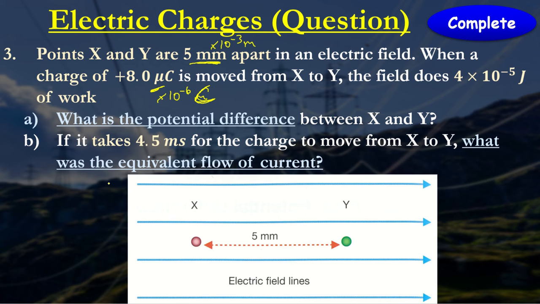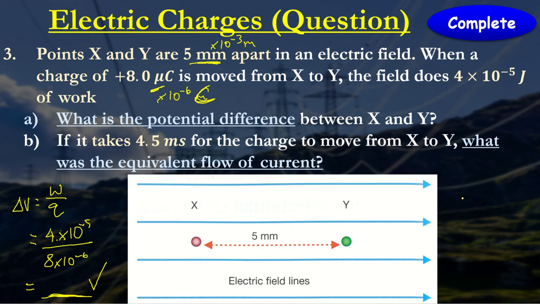So what's the potential difference from X to Y? The potential difference is the amount of energy over the charge. The amount of energy we used to move this is 4 times 10 to the power minus 5 divided by the charge, which is 8 times 10 to the minus 6. So that's the potential difference we have at that point.